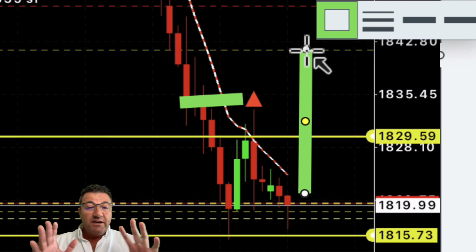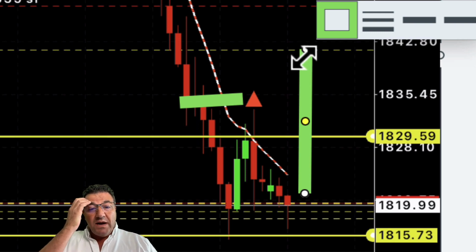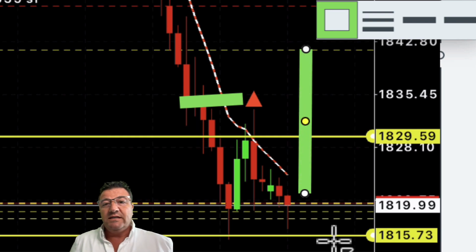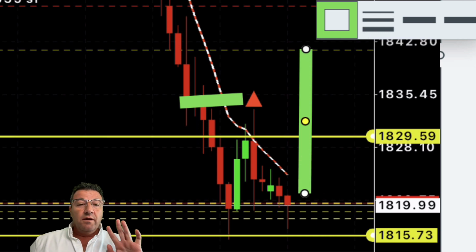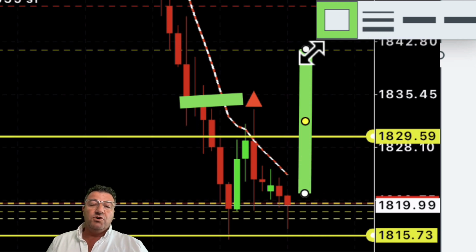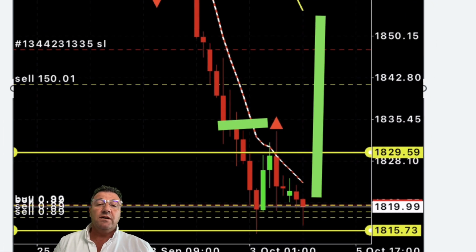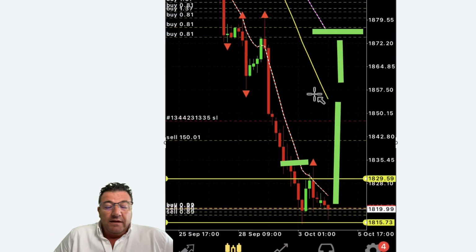Once it breaks structure, then you're fine. If it doesn't break structure and it comes back again, you need to put in your hedge again as protection. Once it breaks structure and it starts going north, you should be fine. It's going to stop at 1857, and then it's going to stop at 1879 at your 50, and that's just how it is.